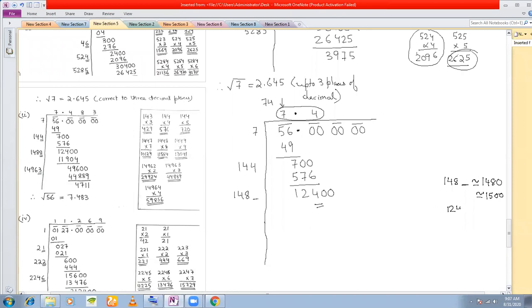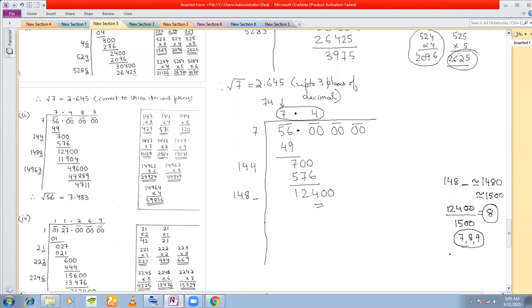So 12,400 you divide by the approximate value 1500. See what quotient you get. Okay, so this is approximately 8. So we are going to try the digits 7, 8, 9. The digits that are close to 8 are 7 and 9.